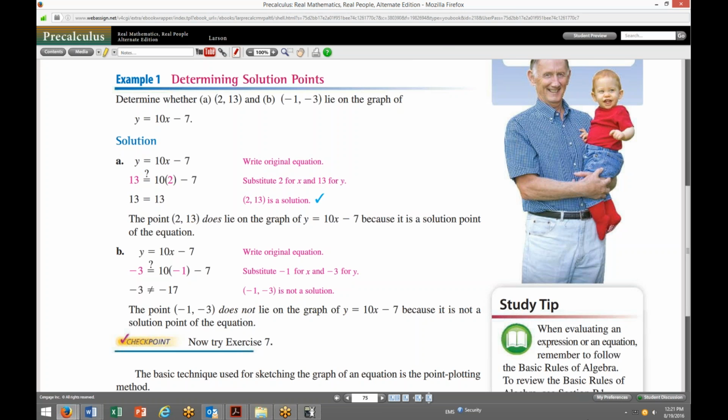We ended up, just doing the arithmetic, trying to equate -3 and -17, which is not difficult, as I like to say. It's impossible. And so therefore, the conclusion: the point (-1, -3) does not lie on the graph of y equals 10x minus 7, and therefore it is not a solution point for that equation.